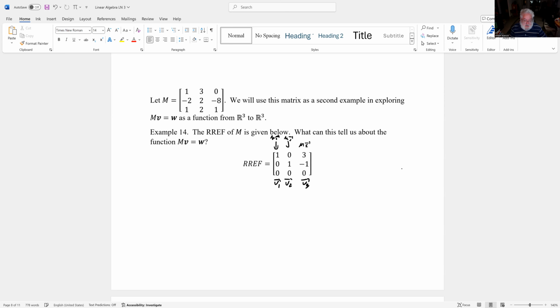What do we actually have here? V3 equals 3 times V1 minus V2, or 3V1 minus V2 minus V3 equals the 0 vector.